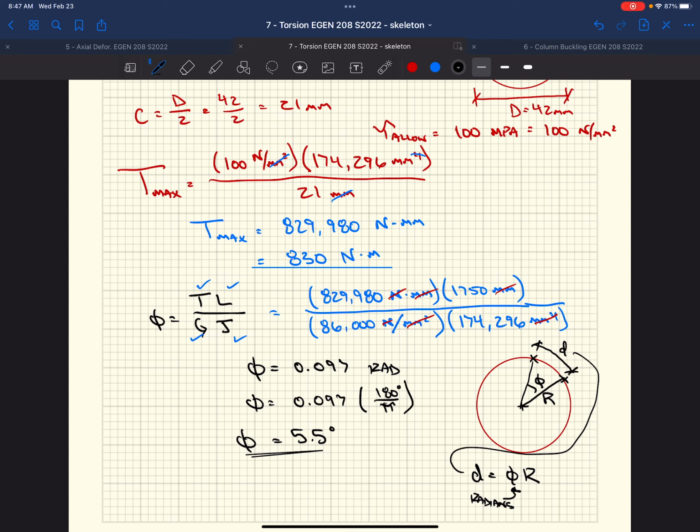And this plays a lot into mechanical systems with respect to displacements. If you had a shaft that had a gear at the end of it, and that gear needed to mate up with another gear on another shaft, and you had too much torque applied, or the geometry wasn't stiff enough, say your polar moment of inertia was very small, that gear could rotate too far and go out of alignment with the gear on the other shaft.